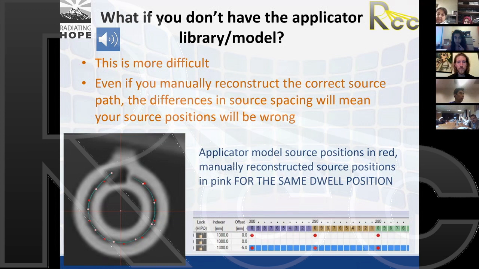This is for the exact same source path and the exact same dwell positions. You can see that the dwell positions in the manually reconstructed source path are equally spaced from each other, and in reality they are not equally spaced. As you go around the ring, the differences between the physically correct position and the reconstructed position get bigger and bigger.